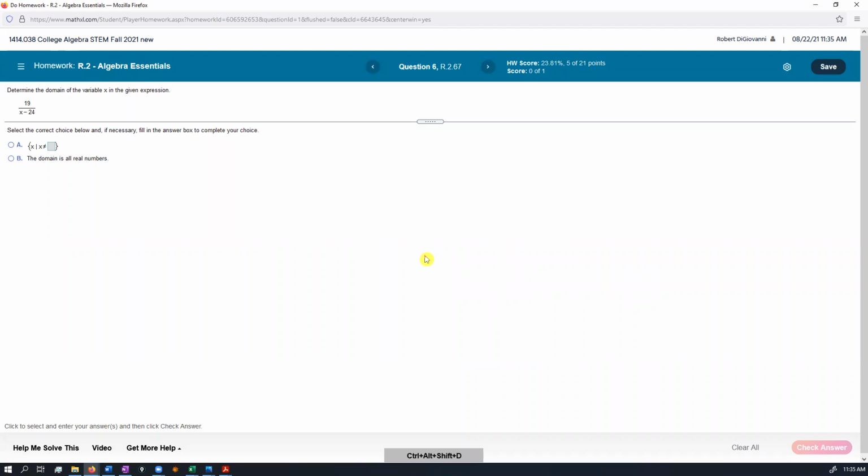All right, next one. Determine the domain of the variable x in the given expression. So we're given this expression 19 divided by x minus 24. And we're asked to find the domain of the variable x. So when we look at this expression, what we want to ask ourselves is, is there any value of x that I cannot plug in here that would cause this expression to have an issue?